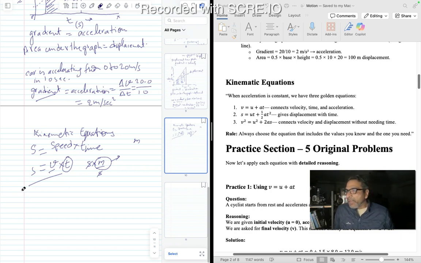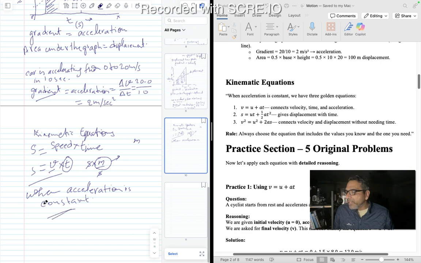All righty. Now the keyword is when the acceleration is constant.